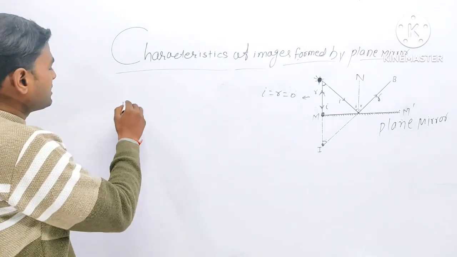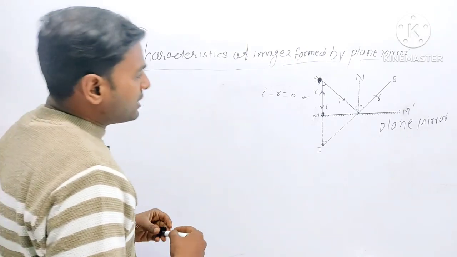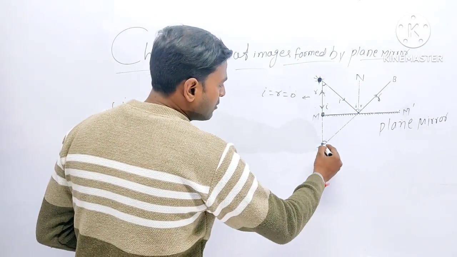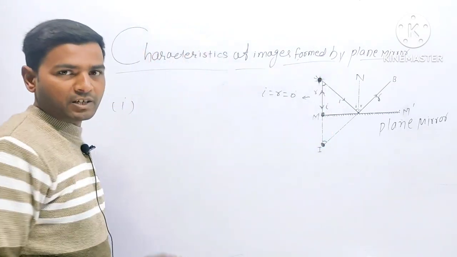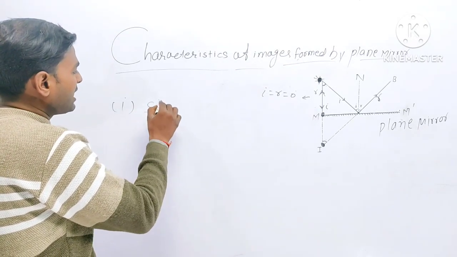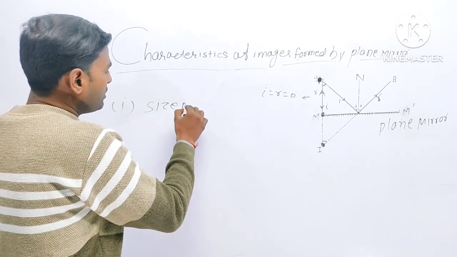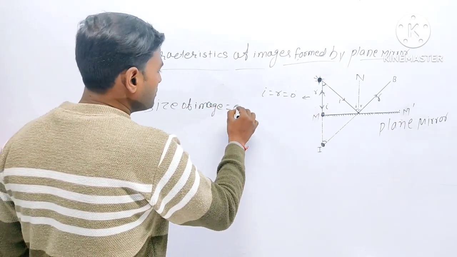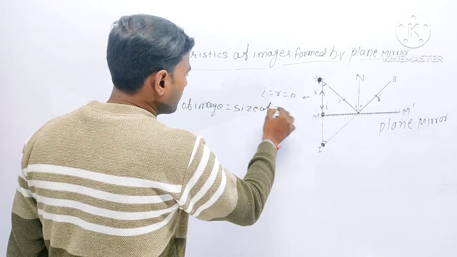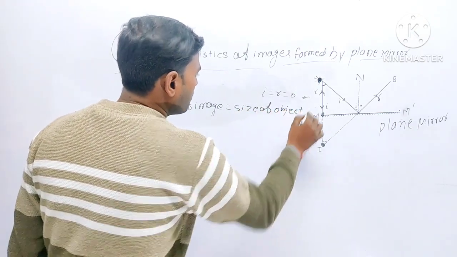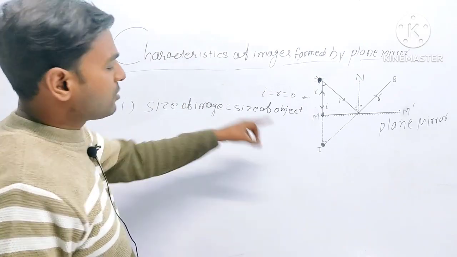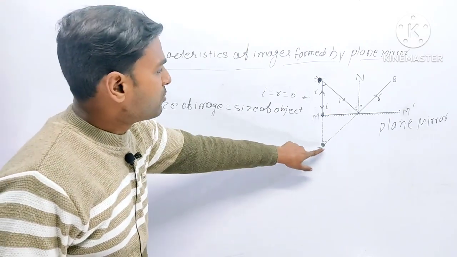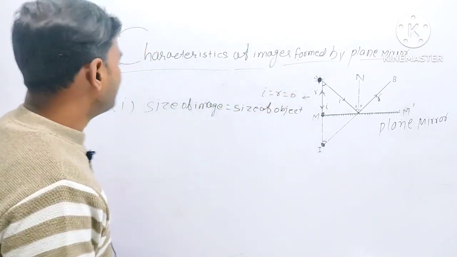The first characteristic is the size of the image. The size of the image of this object formed by this plane mirror is equal to the size of the object. The first point in the characteristics of images formed by the plane mirror is that the size of the image will be the same as the size of the object.